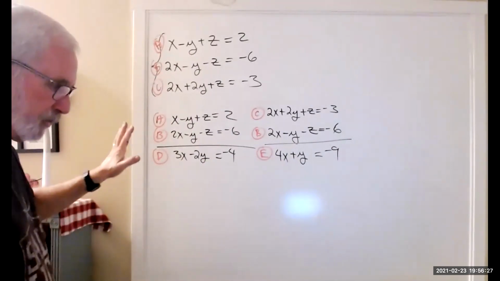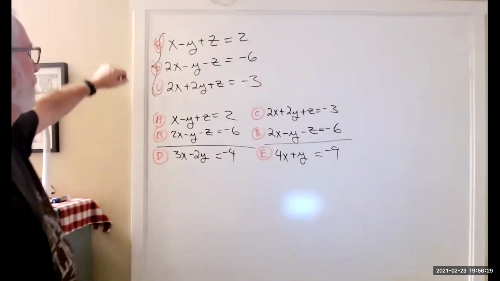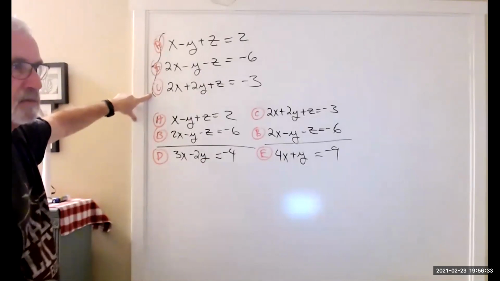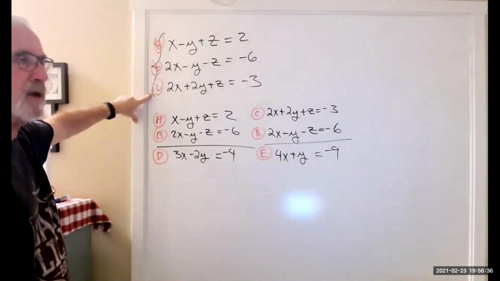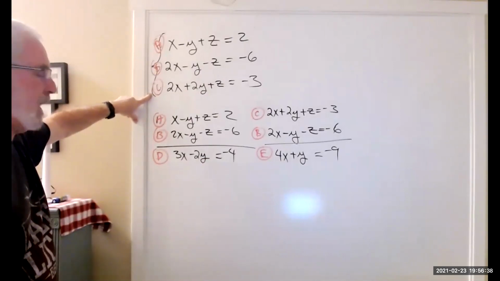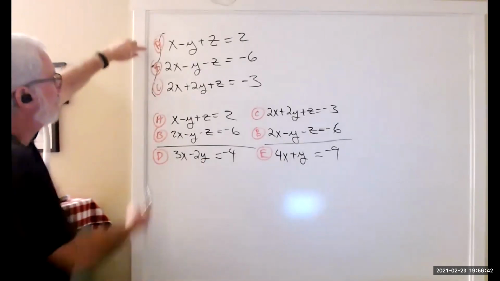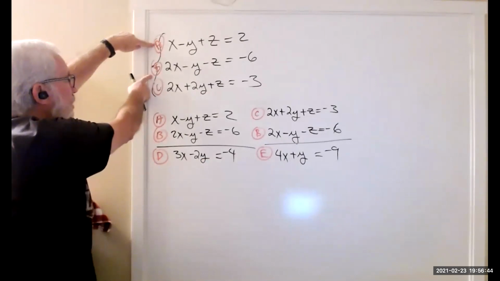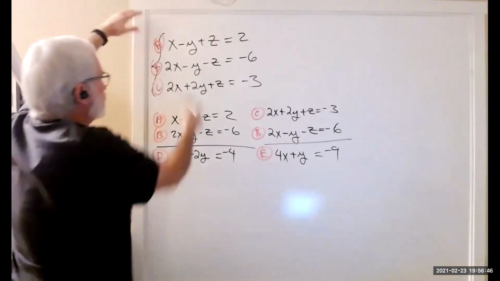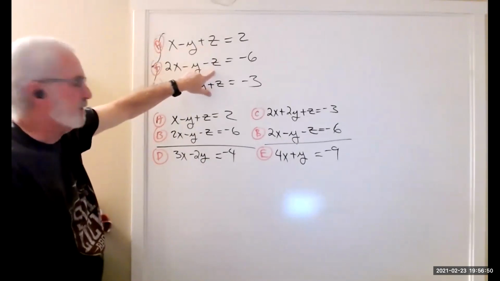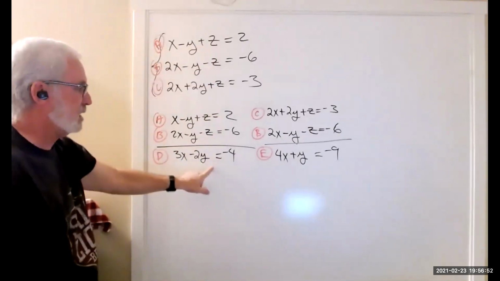All right, let's pause for just a second. I went through the steps. I labeled my equations A, B, C. I picked any two and eliminated a variable. So I decided to pick A and B up here. And I noticed that if I just add them together without any magic, I will eliminate the Z's. That's what I did.